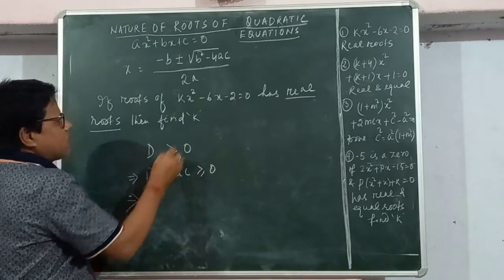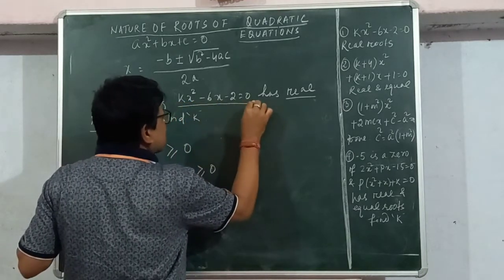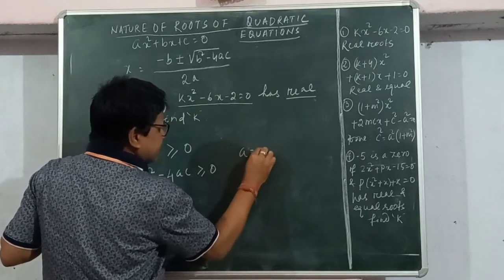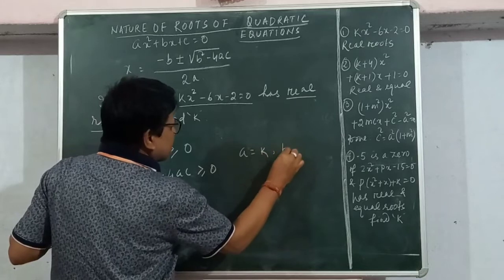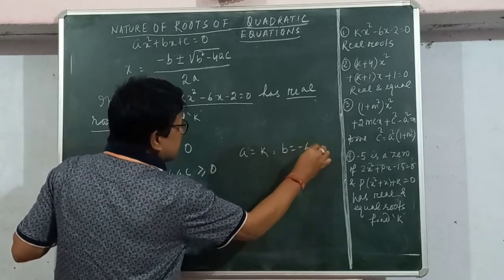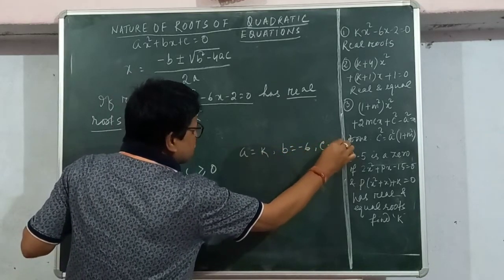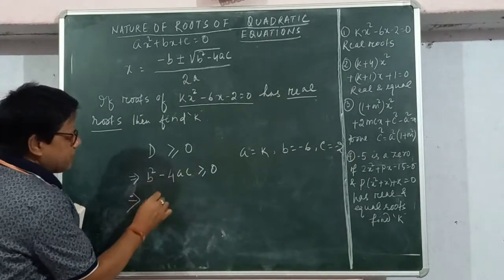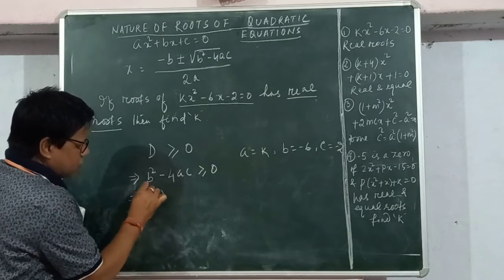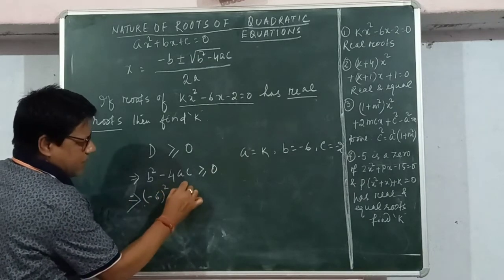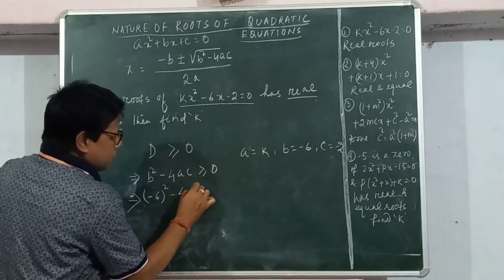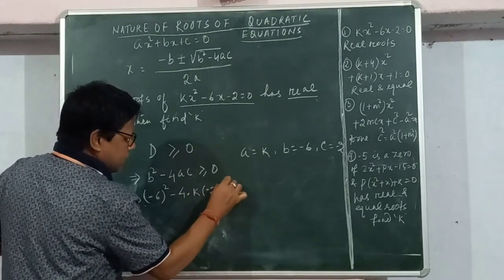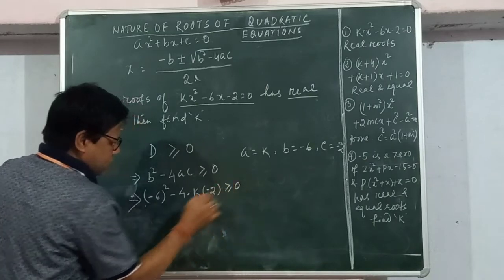Now compare this equation with the general form, so that we get a is equal to k, b is equal to minus 6, c is equal to minus 2. So minus 6 whole square minus 4 into k into minus 2 is greater than or equal to 0.